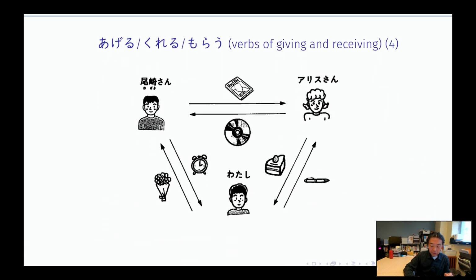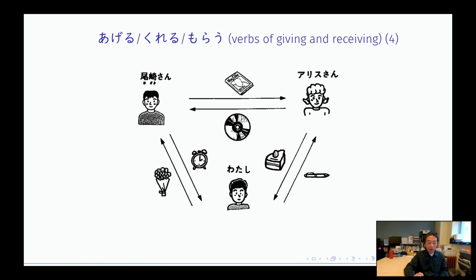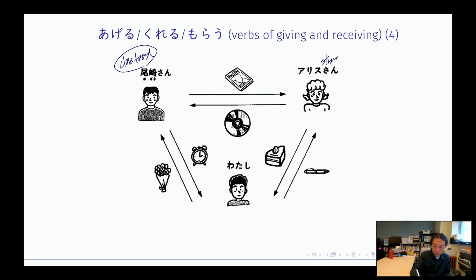Okay, so here we have more examples. Ozaki-san is your close friend. And Alice-san is a stranger. Right.